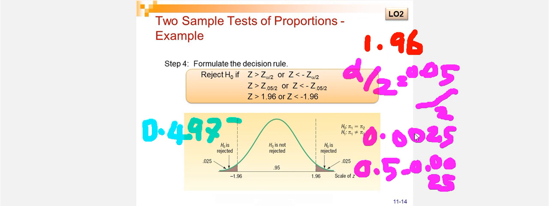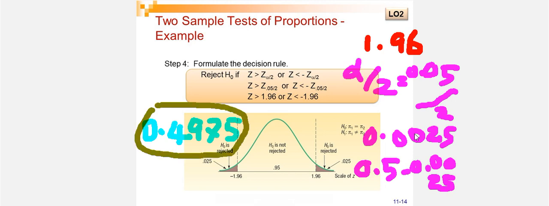Okay, now you look dekat normal distribution table. This figure, atas you dapat berapa? You tengok ke atas table.